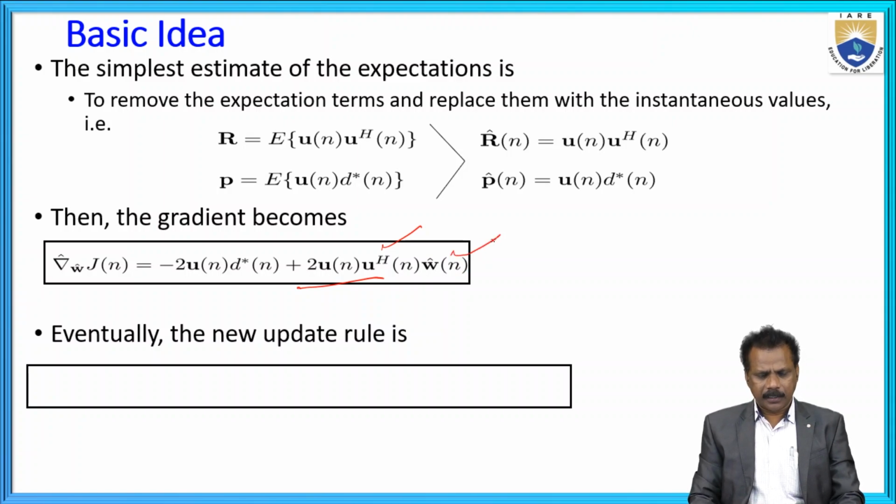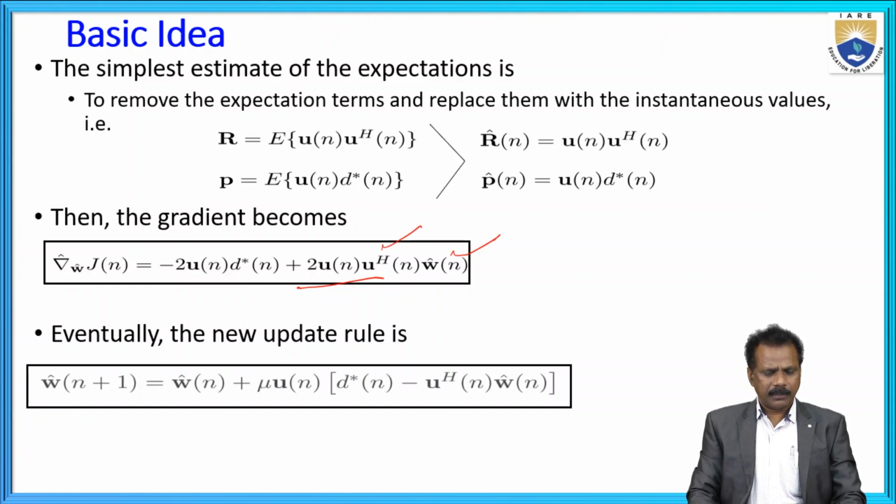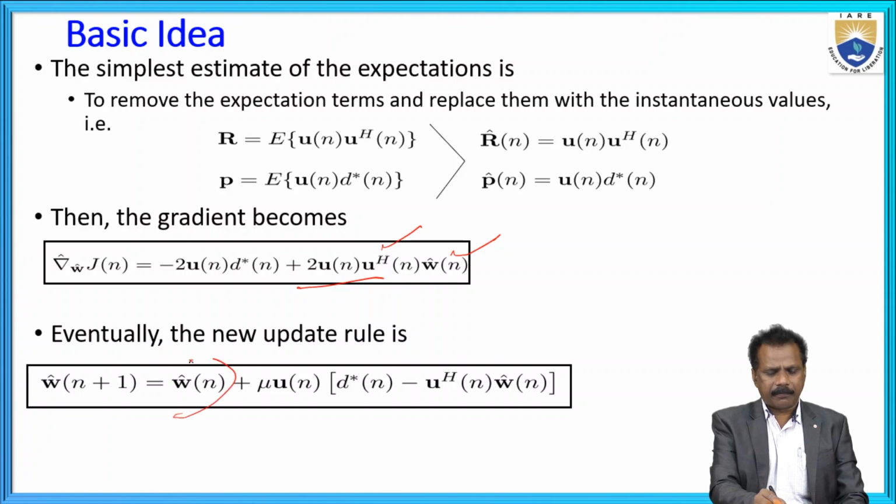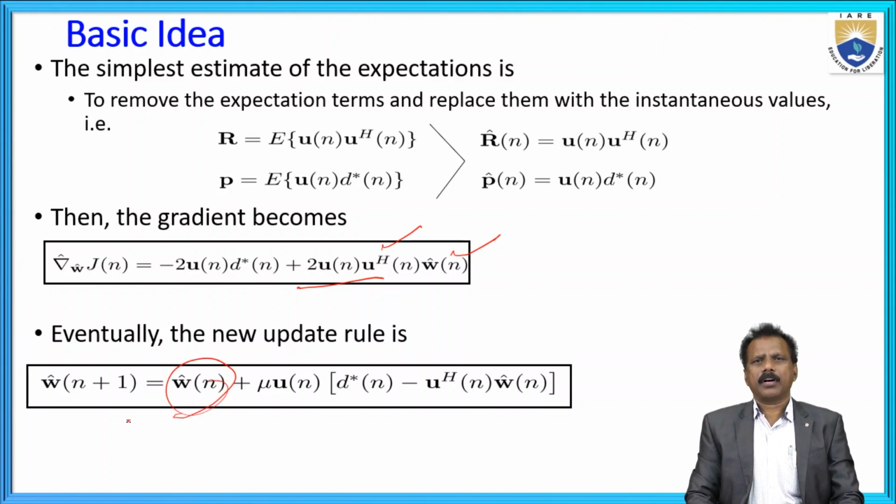So eventually the new update rule is W cap of n plus 1 is equal to W cap of n plus mu u of n times d of n minus u power H of n W cap of n.